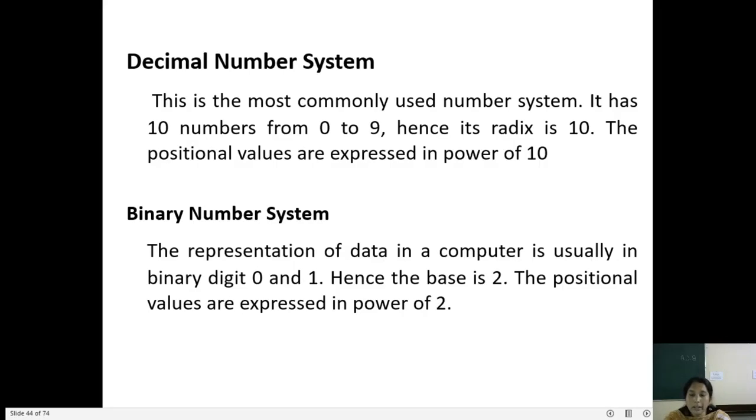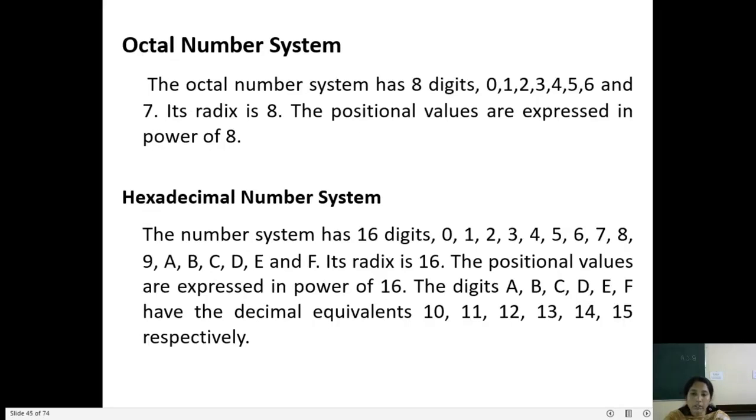The binary number system consists only of 2 digits, 0 and 1, and the positional values are expressed as powers of 2. For octal, as I told you, there are 8 digits, 0 to 7, and the radix is 8.